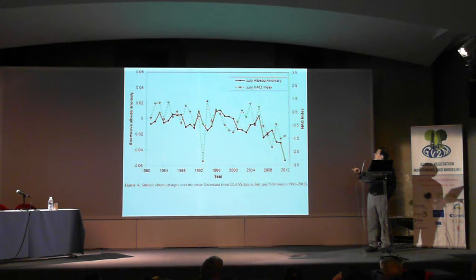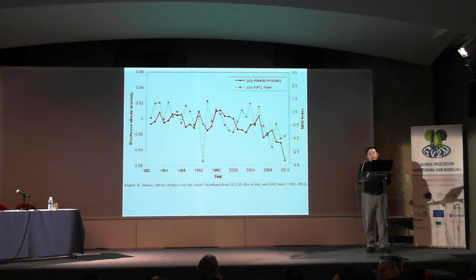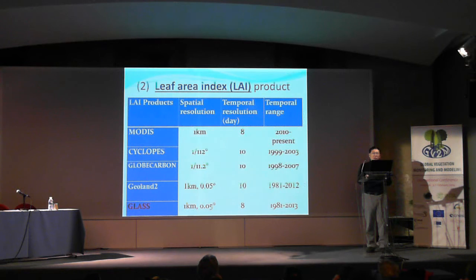That could result in a wrong conclusion, so a long-term albedo product is very important. Another interesting thing is that the recent albedo decrease is highly related to the North Atlantic Oscillation Index, so albedo changes can reflect the big atmospheric circulation to some degree.